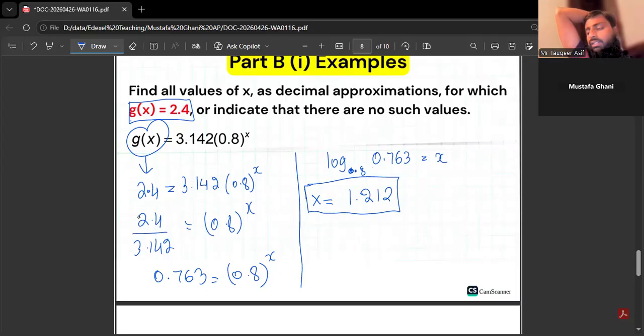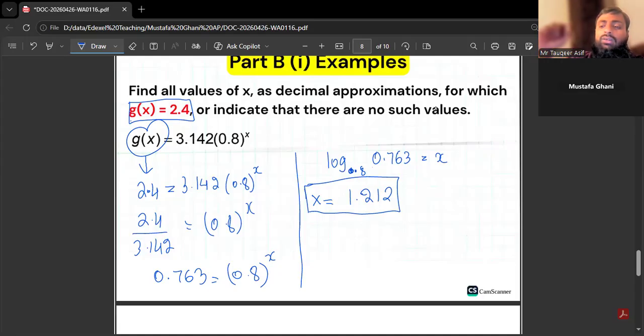Now do not press AC. What you are going to do is press log base 0.8, and then put my answer using the ANS key.